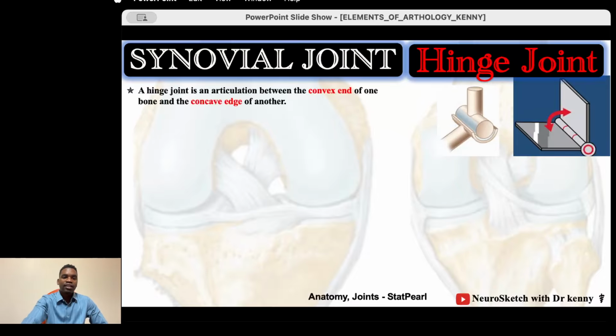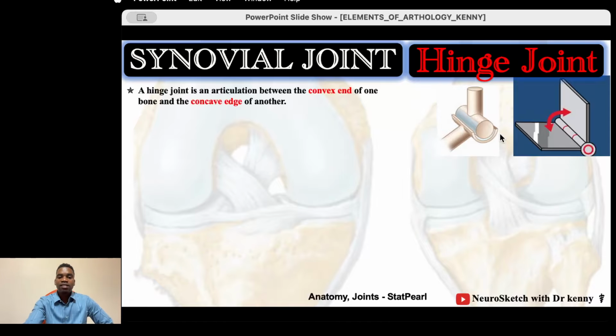So a hinge joint is an articulation between a convex end of one bone and the concave edge of another bone.